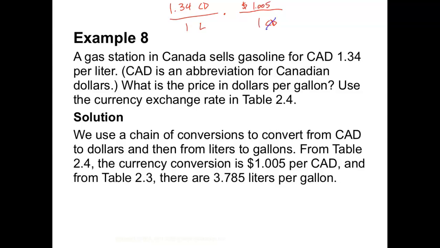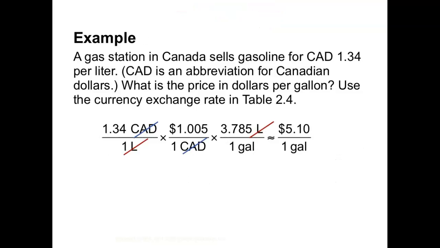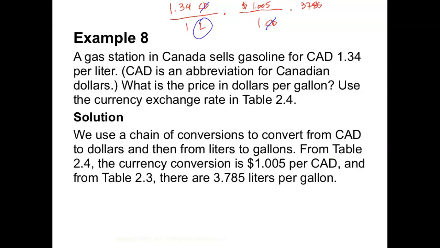And that way my Canadian dollars cancel. If I multiply this out right now, I would have my answer in dollars per liter, right? But I want it in dollars per gallon. So now I need to focus on converting liters to gallons. And so this is going to be in the table that I'll upload, but here's the conversion factor that we'll use. There's 3.785 liters per 1 gallon. So I'm going to multiply by 3.785 liters per 1 gallon.